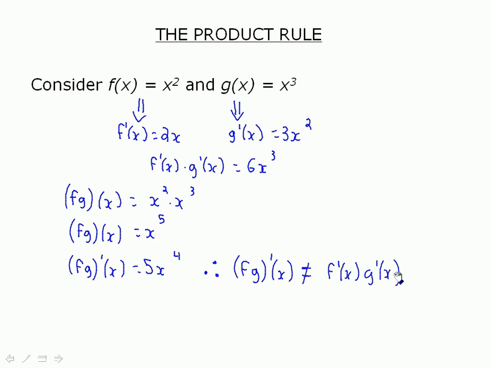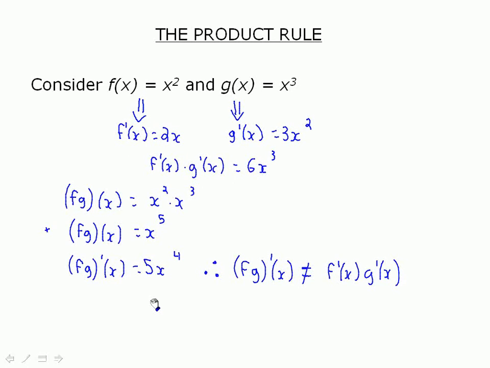So in other words, it matters. It makes a difference whether you differentiate first then multiply, or whether you multiply first and then differentiate. Question, of course, is which one is correct. You poll people, you might get about a 50-50 split. But in fact, the correct method is the second method that I did.